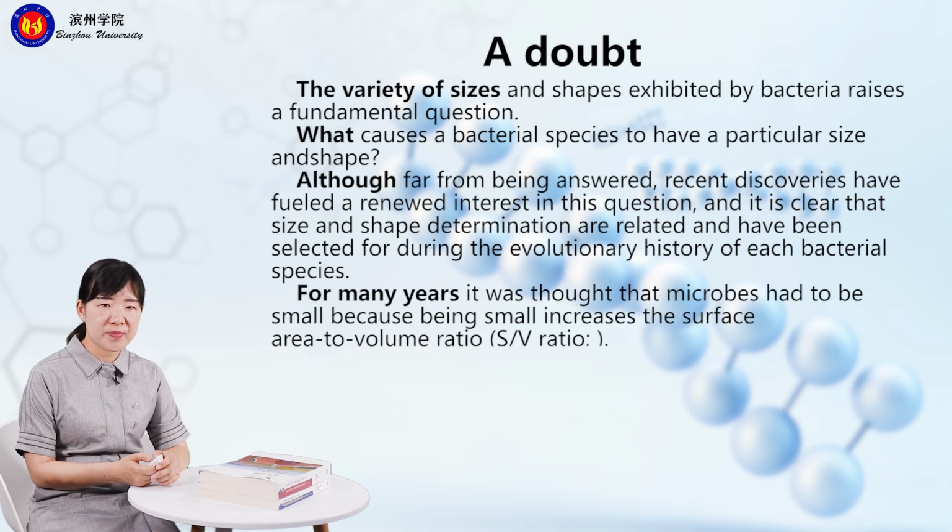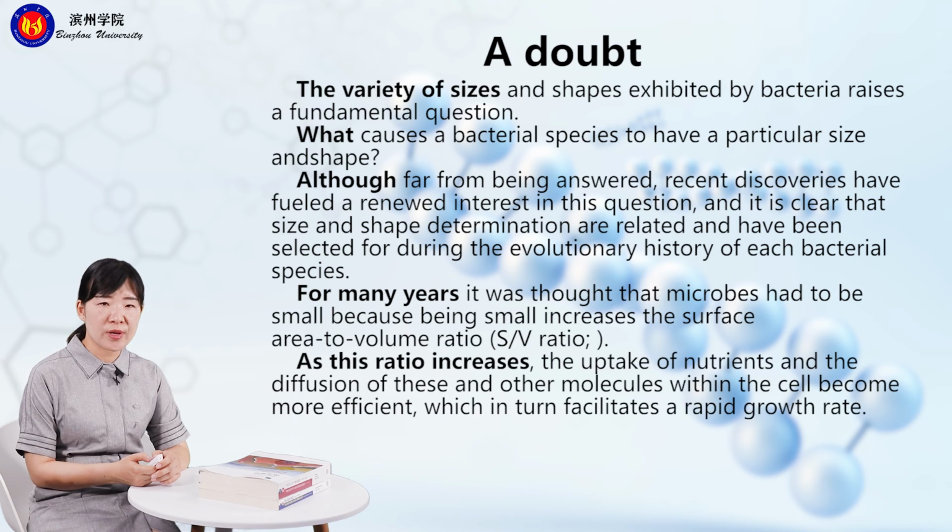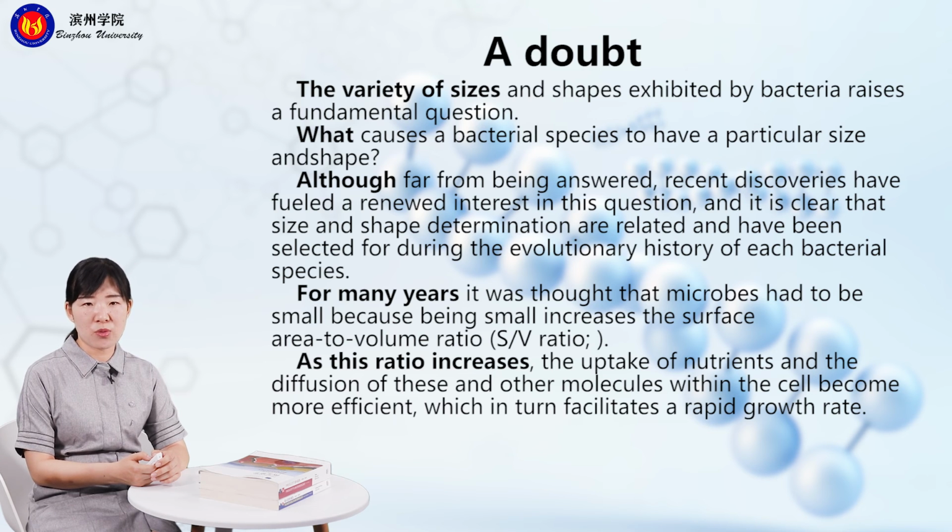For many years, it was thought that microbes had to be small because being small increases the surface area to volume ratio. As this ratio increases, the uptake of nutrients and diffusion of these and other molecules within the cell become more efficient, which in turn facilitates a rapid growth rate.